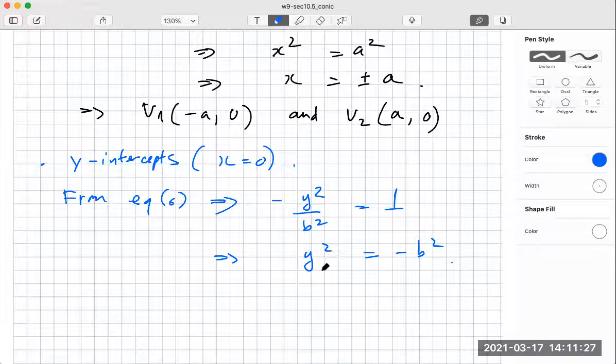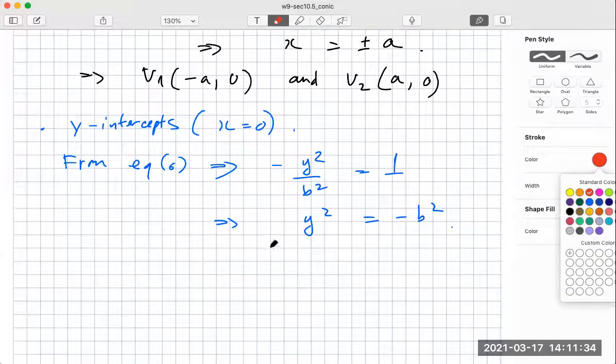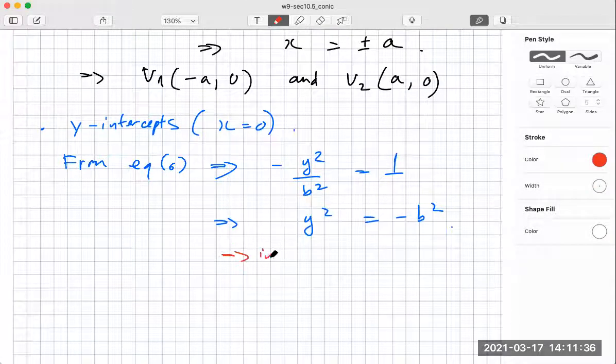We cannot find any y value that satisfies this equation. It means that there are no y-intercepts.